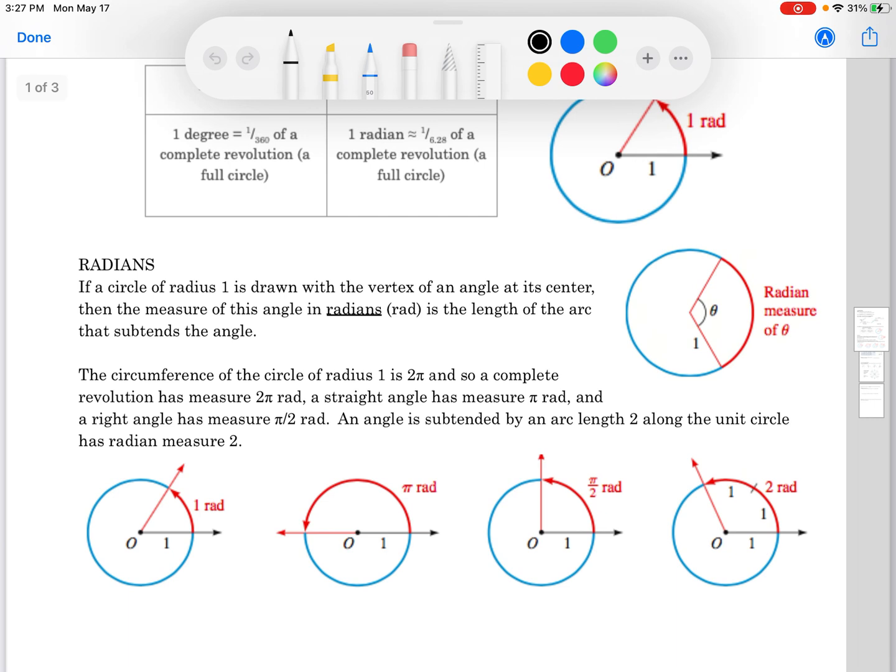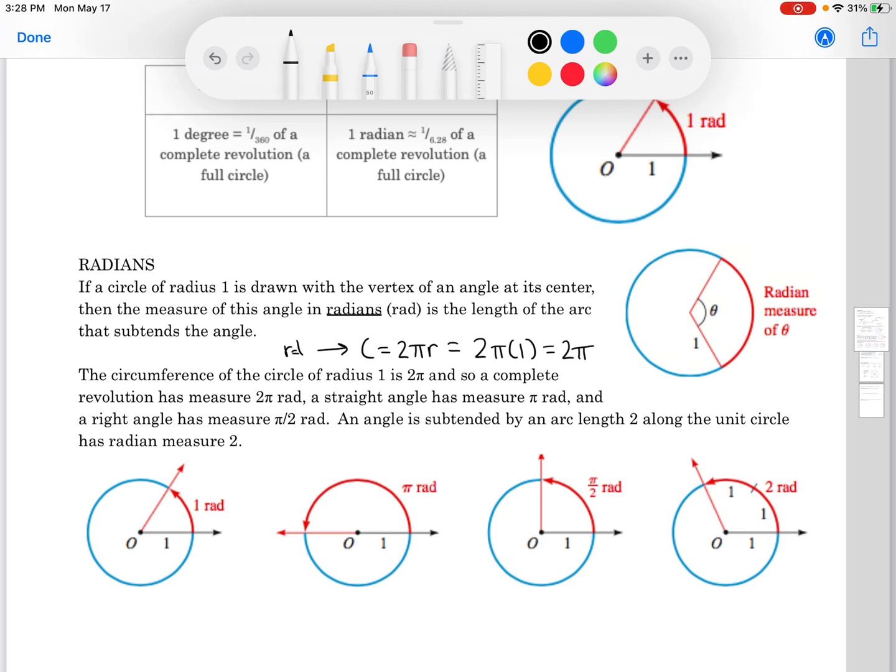We remember circumference of a circle is 2 pi r. So that's going to be 2 pi times 1, so 2 pi. So if we have a radius equal to 1, our circumference is going to be 2 pi, okay? So a complete revolution is going to be 2 pi. That's the arc length. That's also the radian measure.